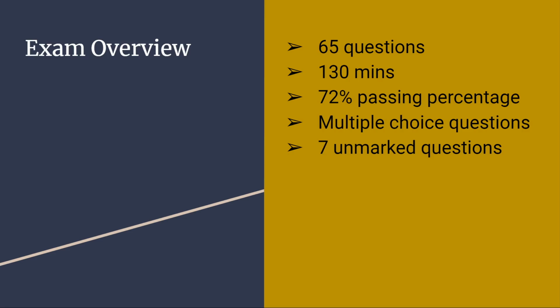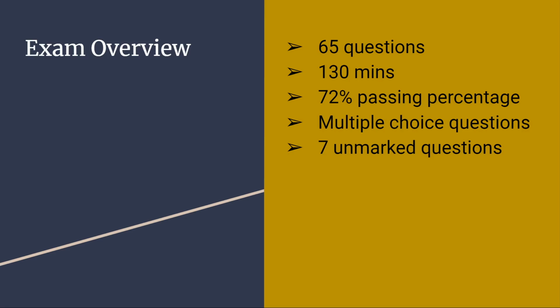The questions are mostly multiple choice, where you select the one correct answer. However, for some questions you will have multiple choices where two or three could be correct, so you have to select all the correct ones.